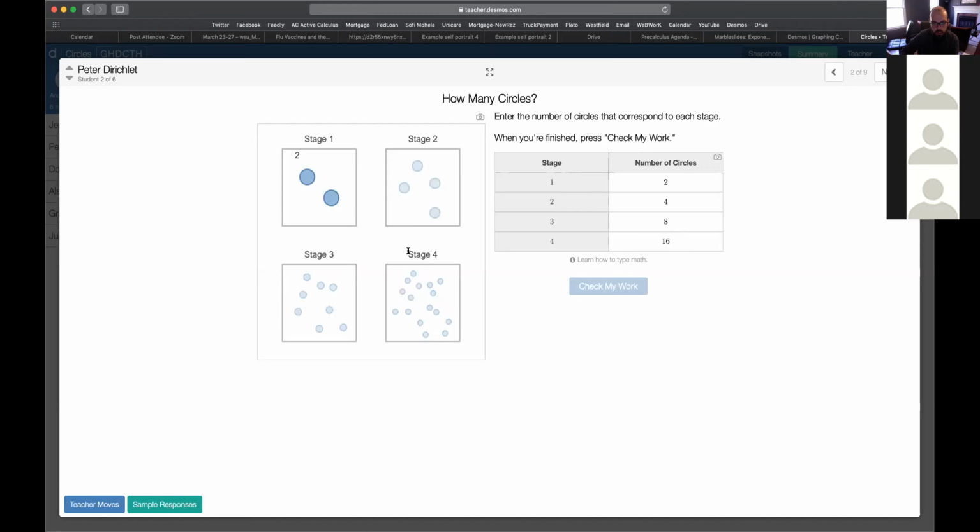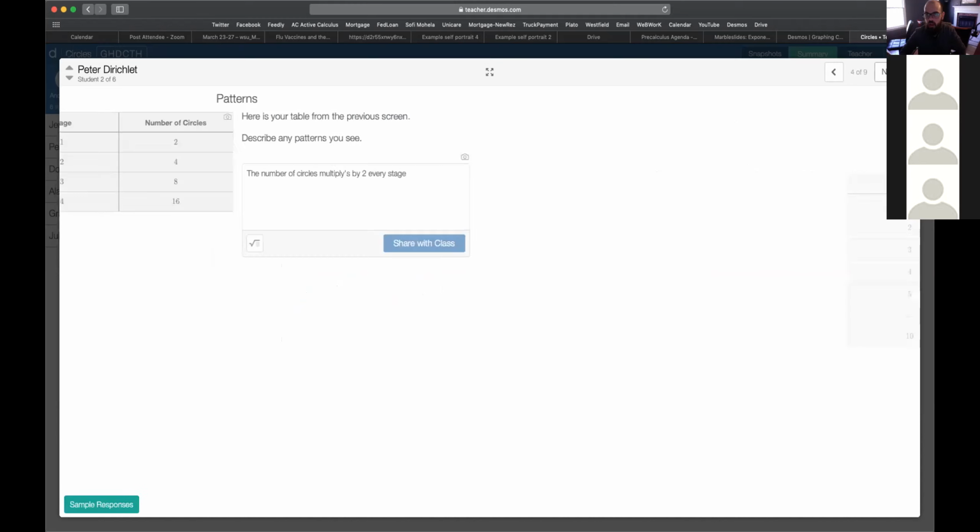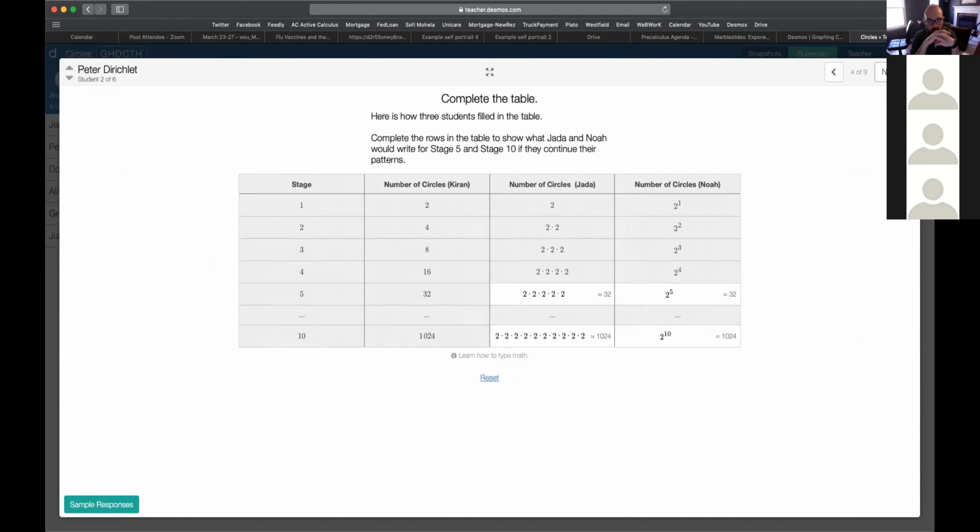We can check this, and we have some checks here, which is nice. Yep. And Peter Dirichlet tells us that every time we go to the next stage, we're going to multiply by 2.